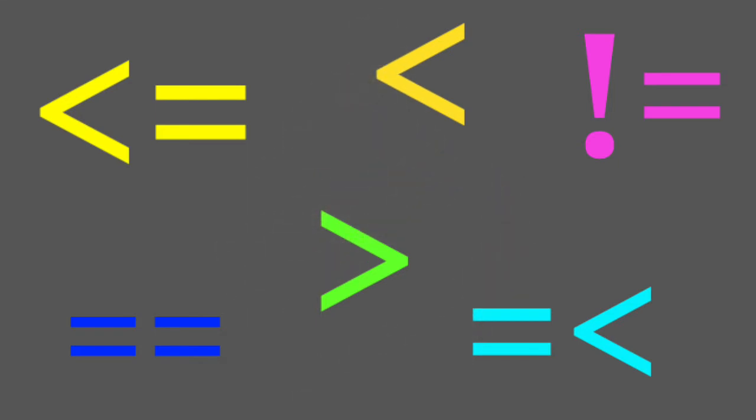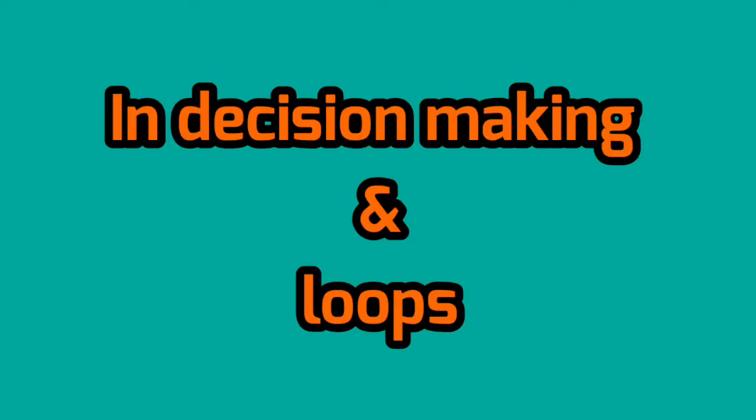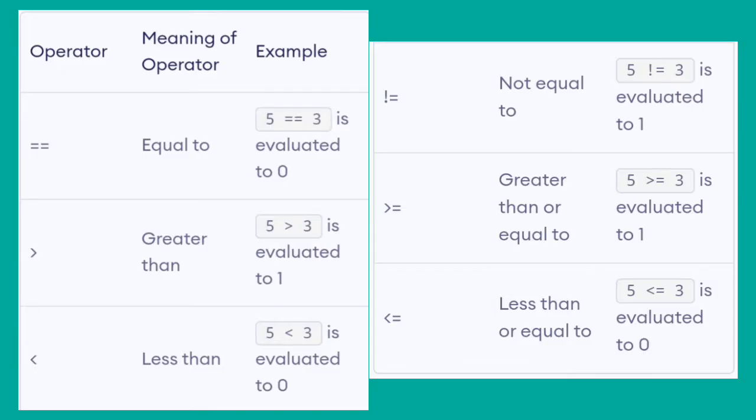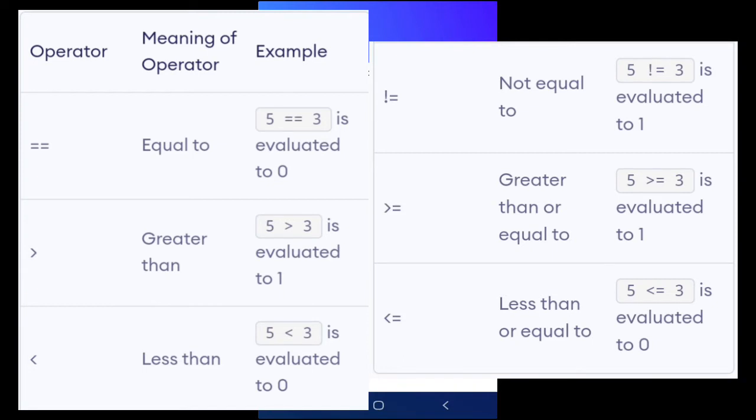It is used to compare two numbers by checking whether they are equal or not, less than or equal to, greater than or equal to, and relational operators are mostly used in decision making and loops. Okay guys, if I keep talking like this, many won't understand, so let's see the example, and as we get deeper into our example program, you will understand it way better.